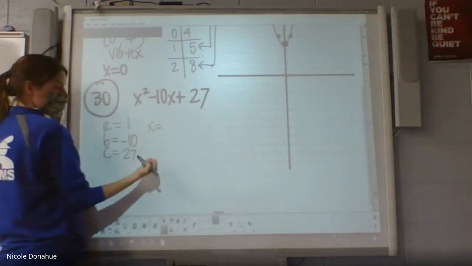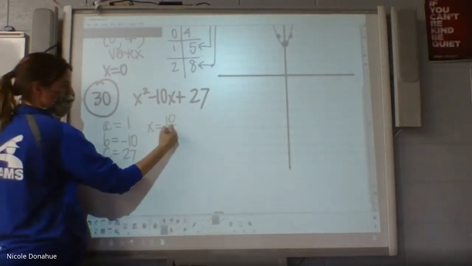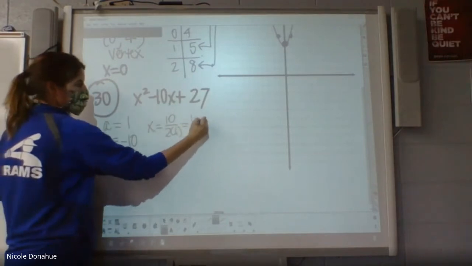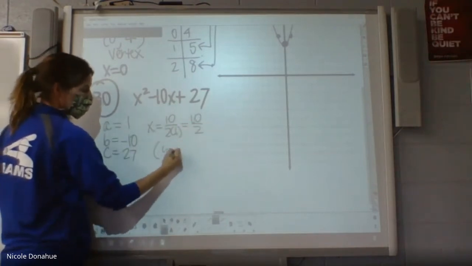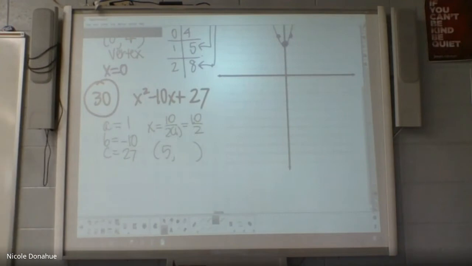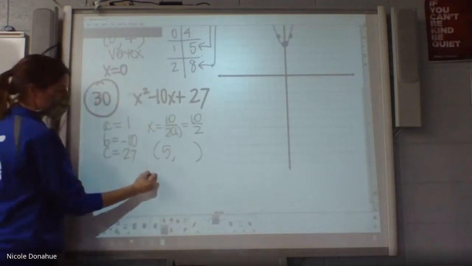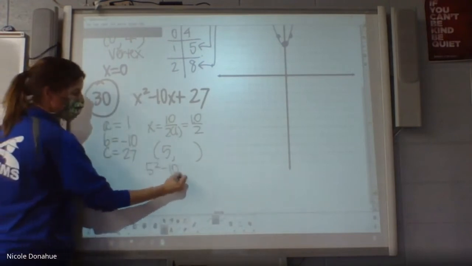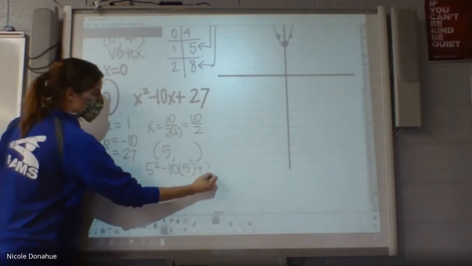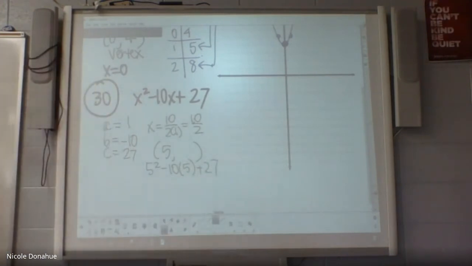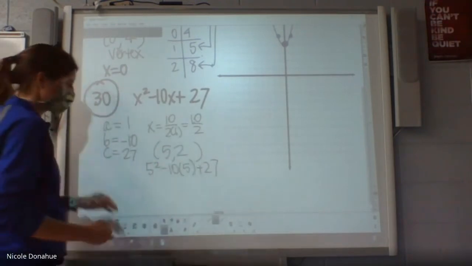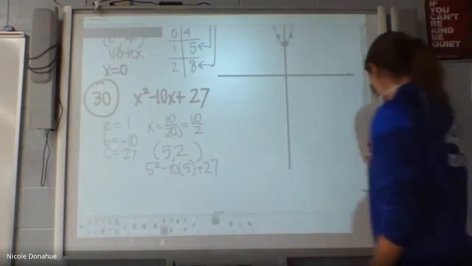Negative B, so positive 10 over 2 times A. 10 over 2, so that's going to be 5. Once I know what my x coordinate is, I'm going to substitute that back in. So 5 squared minus 10 times 5 plus 27. 5 squared is 25, minus 50 is negative 25, plus 27 is 2. So 5, 2 is my vertex.